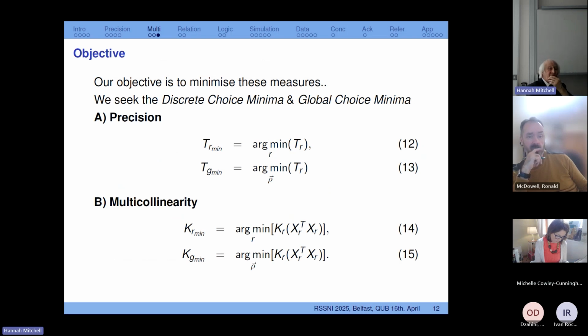So overall, now that we have our two measures, our objective is to minimize these. Now we have precision and we have multicollinearity. These ideas are related, of course, and we are going to be interested in the relationship.